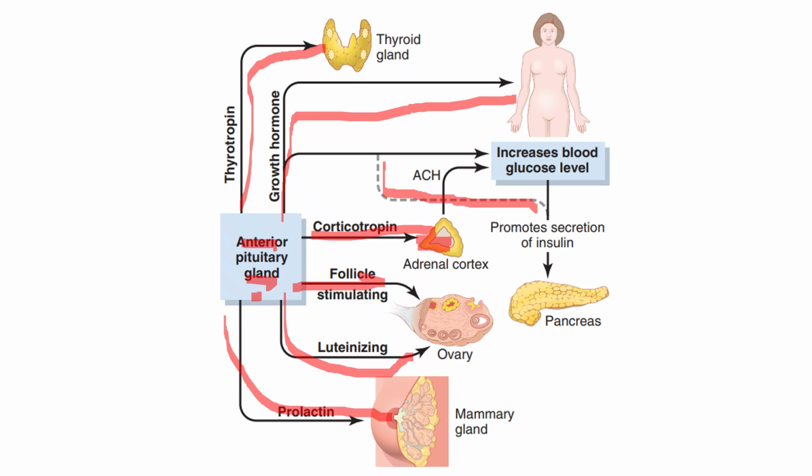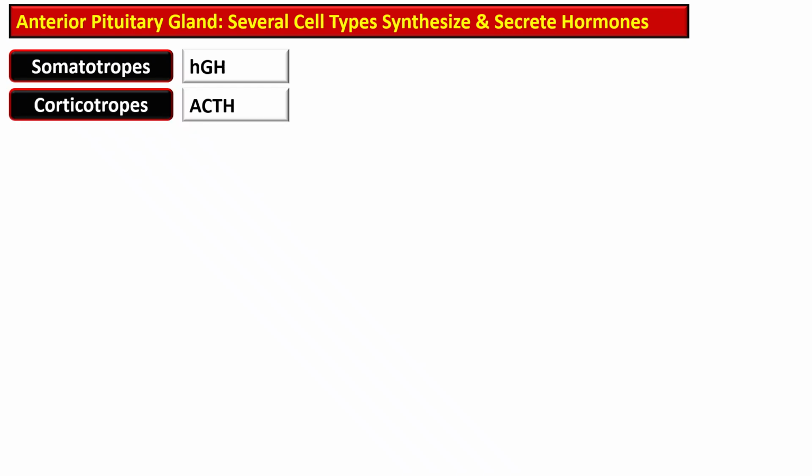Hence, the anterior pituitary hormones coordinate endocrine signaling to regulate metabolism, growth, reproduction, lactation, and response to stress. So this small organ of about 1 centimeter diameter is made up of many types of cells. One is somatotrops that secrete growth hormone.